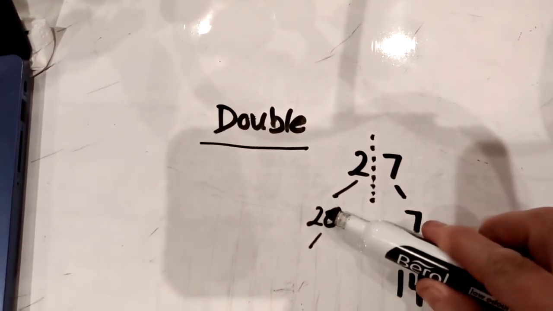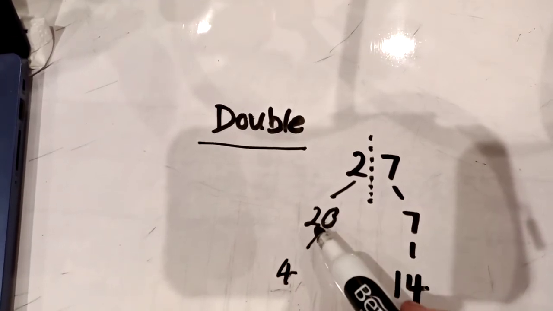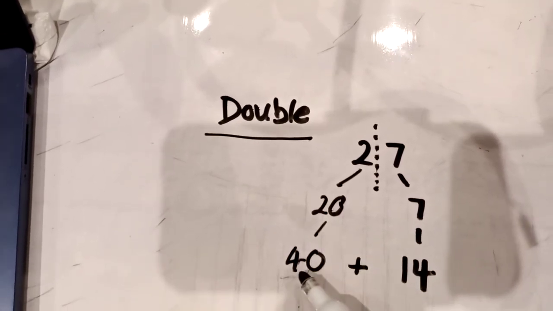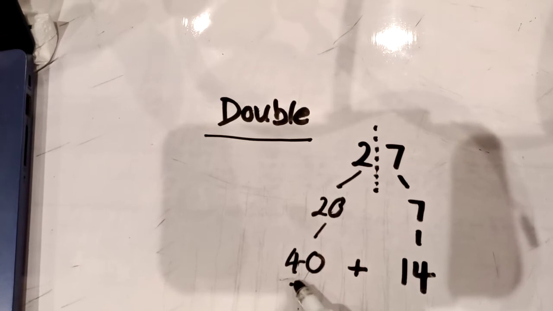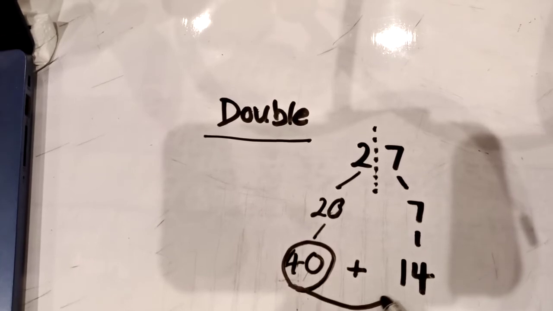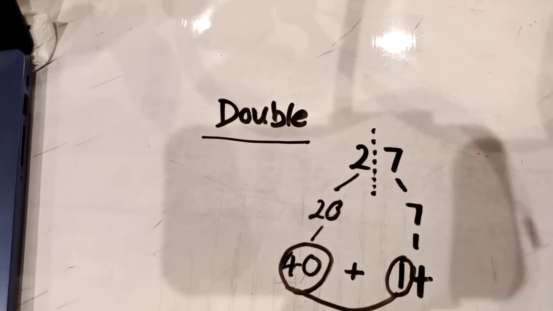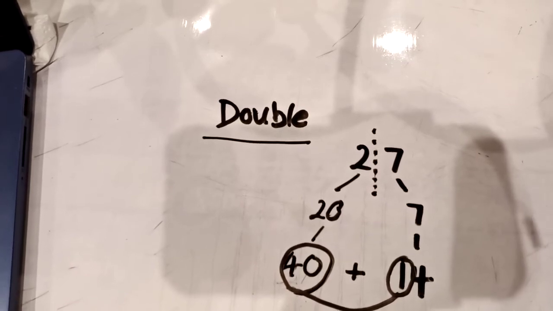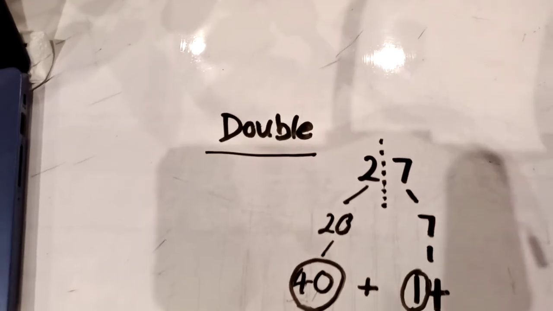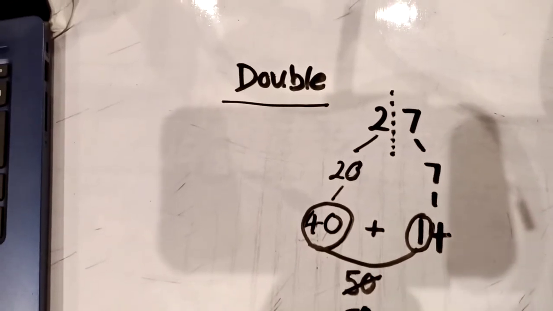Double 2 is 4. Make it 10 times bigger. So double 20 is 40. Let's add them together. Ready? So I know I've got 4 10s, 40. If I took my 40 and I added another 10 to it, I would get 50, wouldn't I? But don't forget the 4. So it's not 50, it's 54. Okay, so that's how we double.